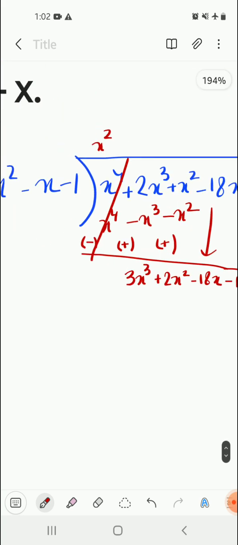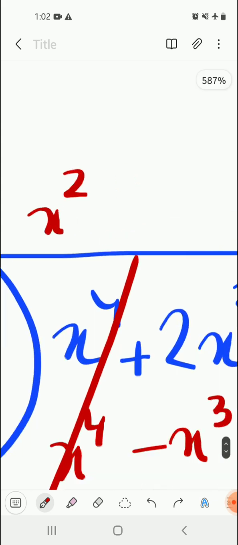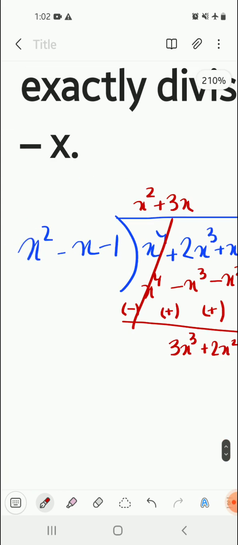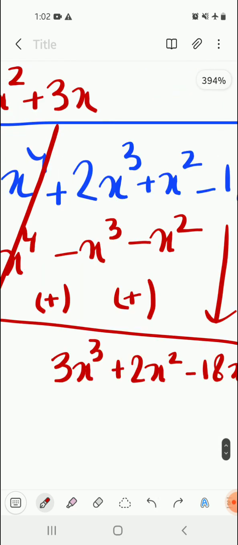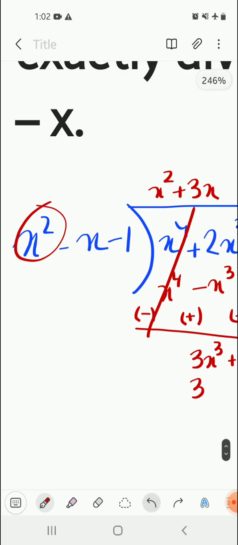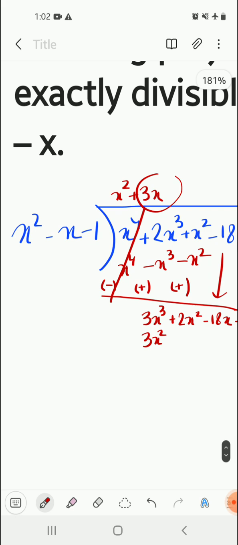Now, next step, we have got 3x cube here and here only x square. So we are going to multiply it with plus 3x. So you can see 3 into 1 is 3 and x square into x is x cube. So we are going to write 3x cube. Again, 3x into minus x would become minus 3x square.